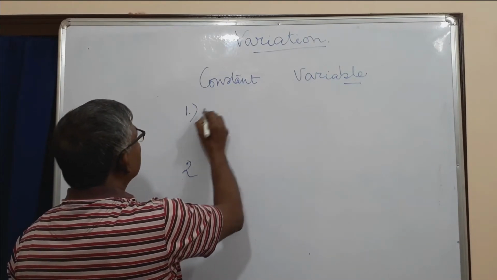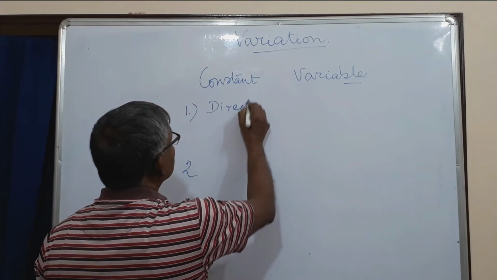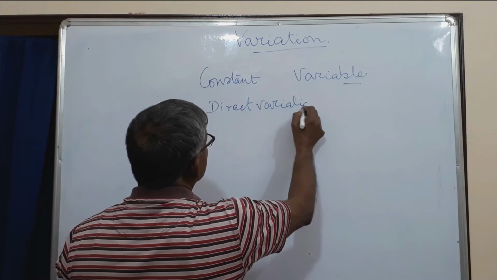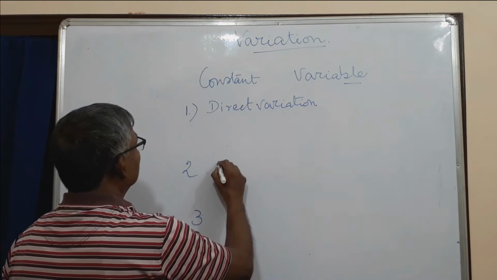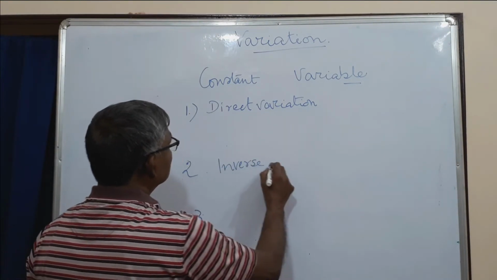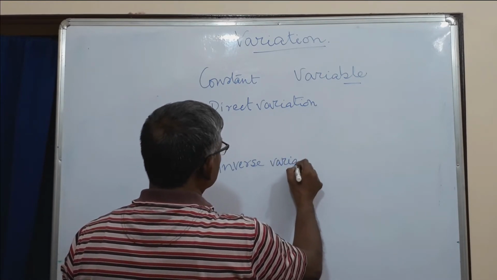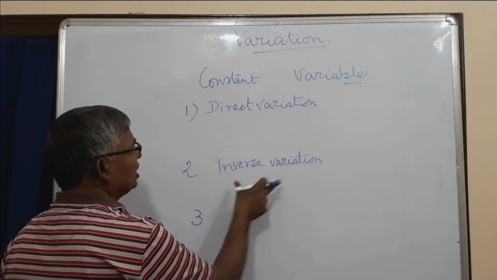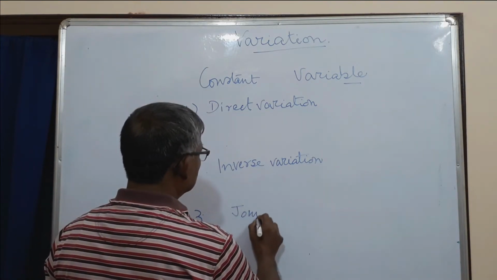First we see direct variation. Then inverse variation, where we say varies inversely, and then joint variation.